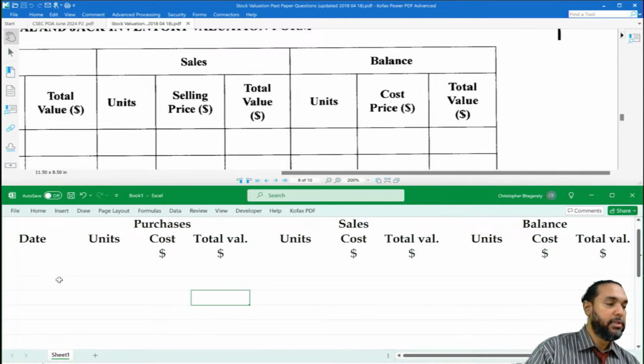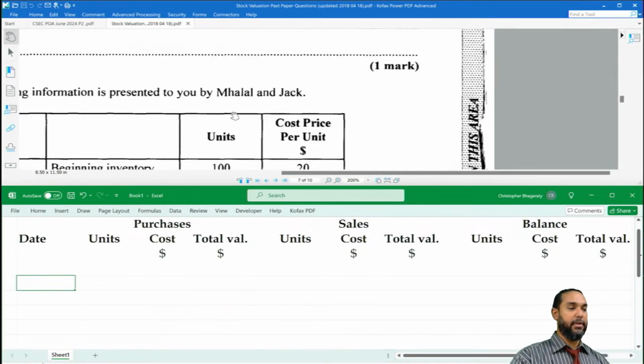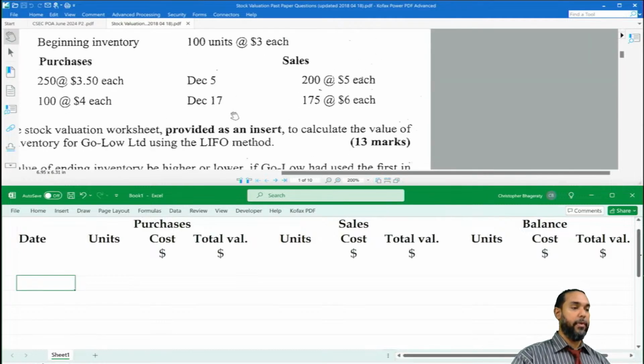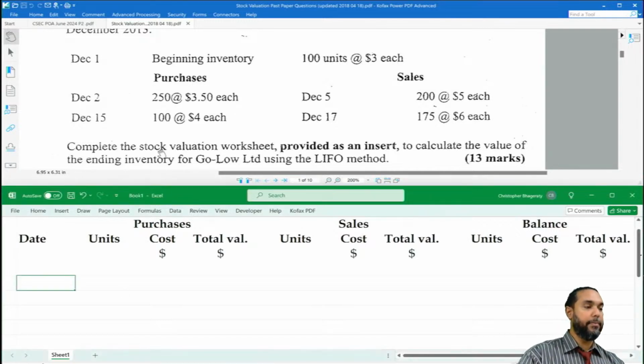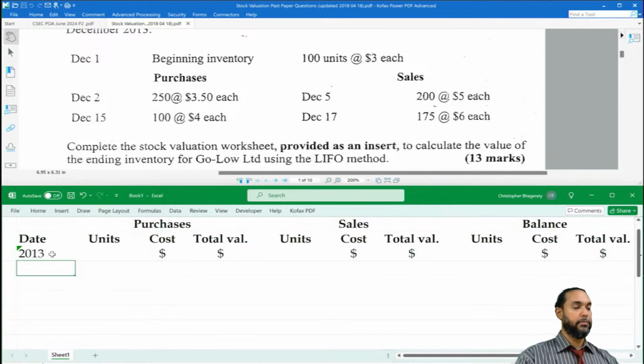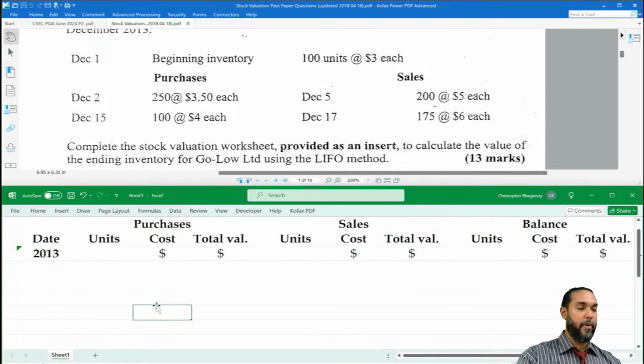Yes. Okay, so let's finally go back to the question. Question one. Right, so there's a beginning inventory, right? So we're gonna do, let's say 2013. Okay, cool. So we'll do 2013 here. Right, so it's not a purchase, it's not a sale, it's the balance.